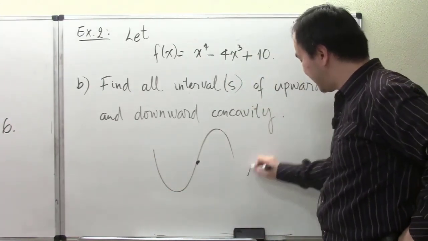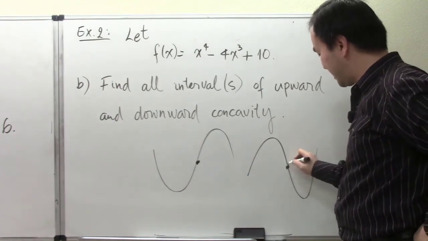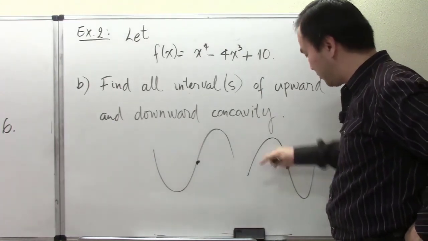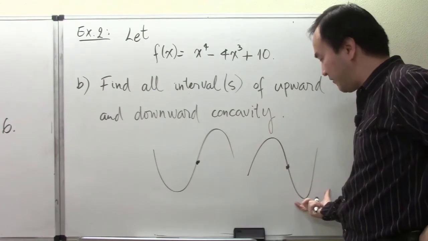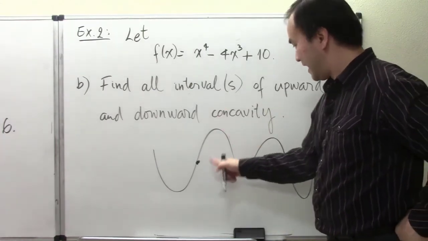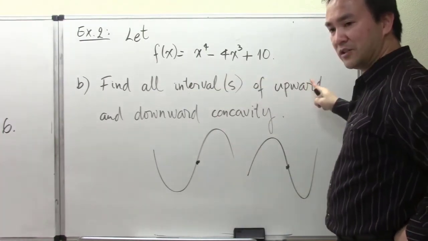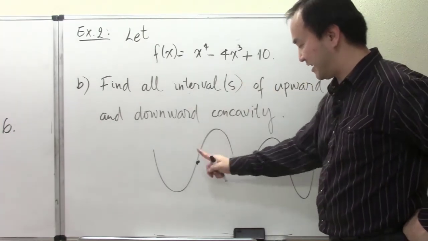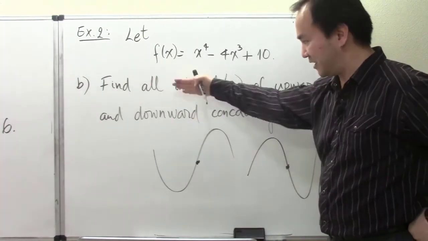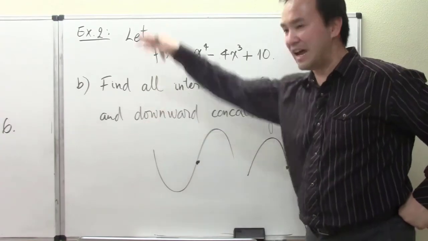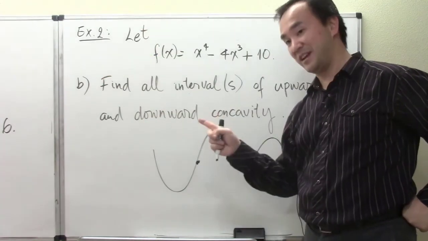I can also have a graph like this, with an inflection point right here, where we switch from concave down to concave up. So to find all of these intervals of upward and downward concavity, it is best that we find them after we have found the inflection points, which we did in this example.